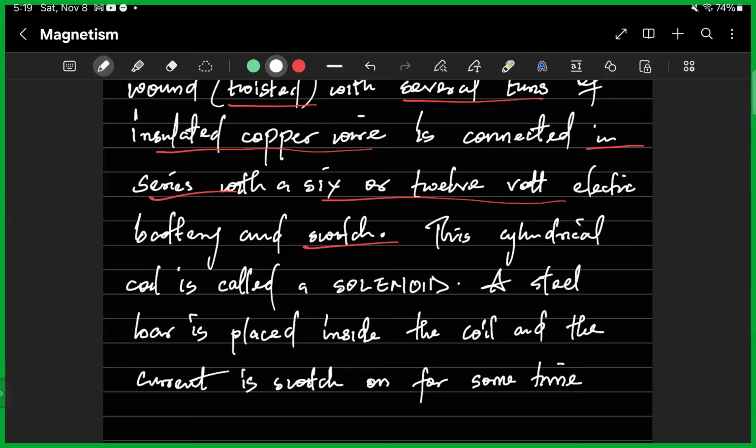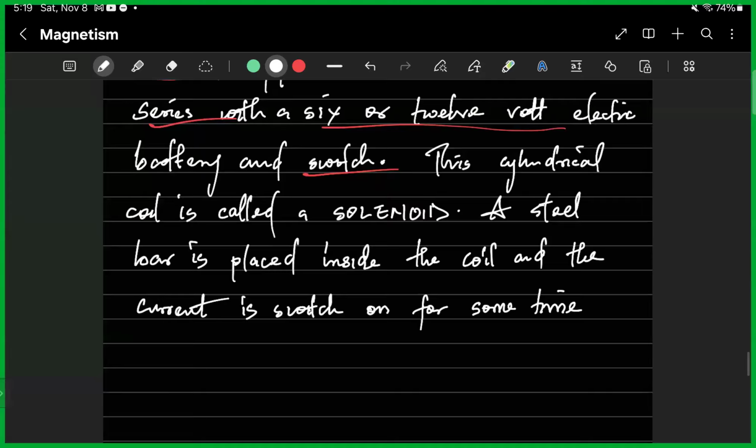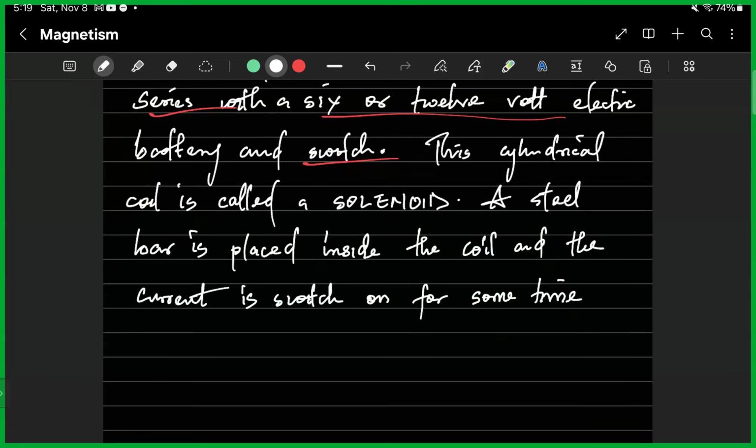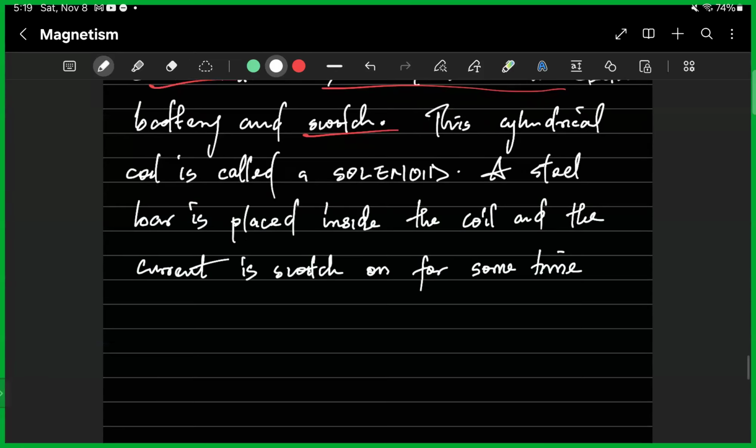So now we've placed a steel bar inside the coil and turned on the current for some time.